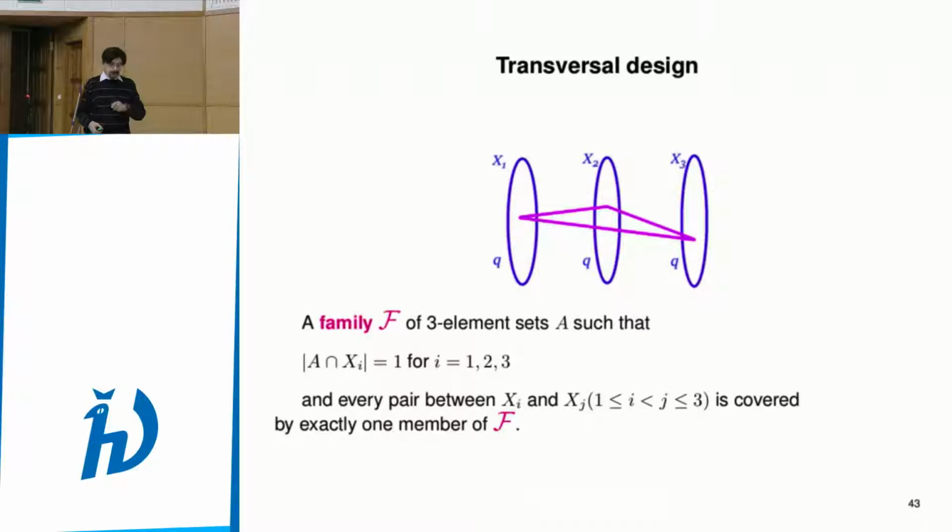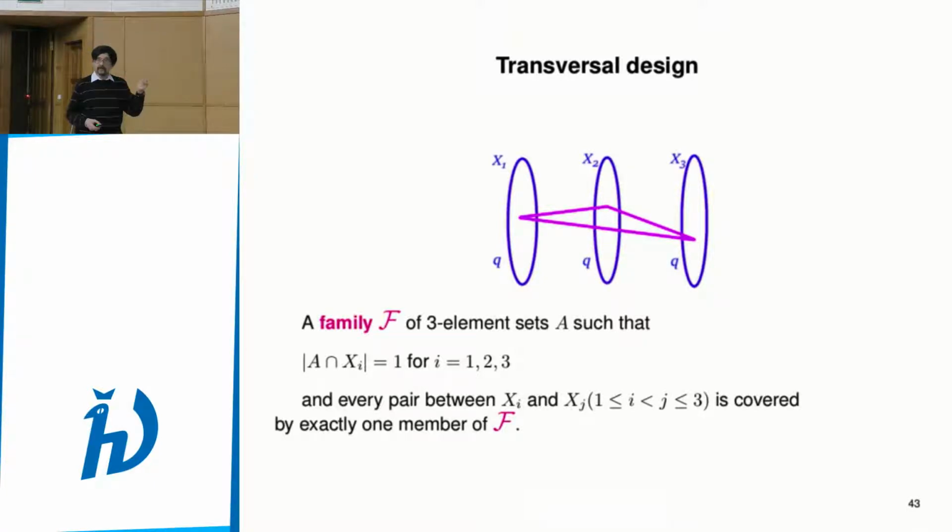I have to introduce a new concept, the transversal design, for 3 classes at the beginning. So we have 3 equal classes, like in our construction, and we take 3-element sets in such a way that one is here, one is here, and one is here.